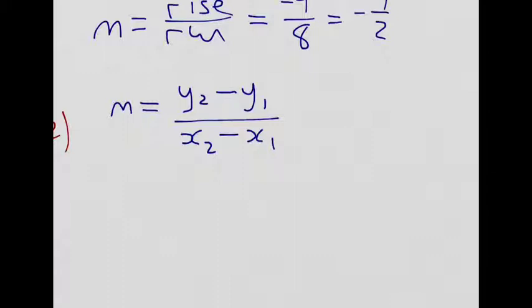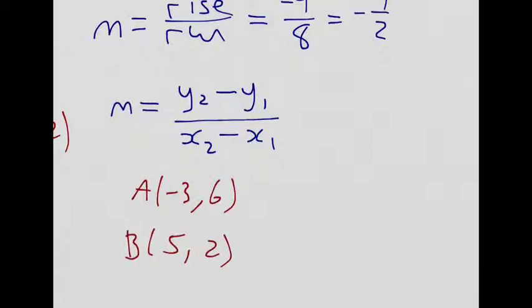Well, good. Okay. So let's look at the 2 points I had. I had negative 3, 6 and 5, 2. It's up to me which of those points I want to call x1, y1, and x2, y2. It doesn't really matter.